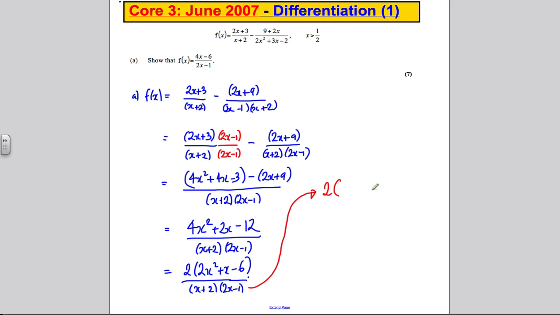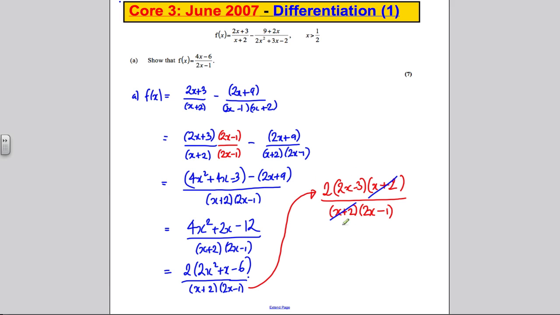Keep that 2 there and factorise this here. That would surely be a 2x and an x, and it would be plus 2 and subtract 3, so it would be plus 2 there, subtract 3, all over x plus 2, 2x subtract 1. Oh, look what happens. That x plus 2 cancels with that x plus 2.